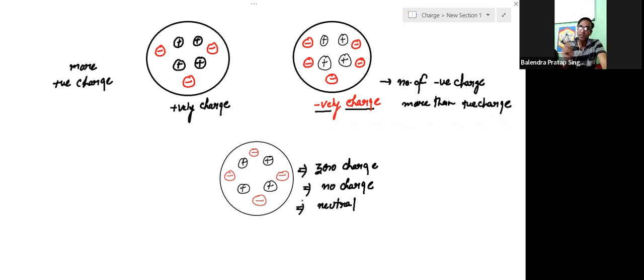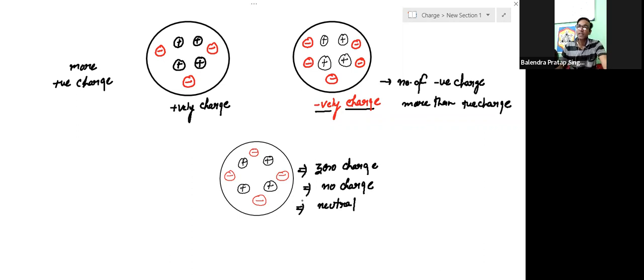So we always talk about the transfer of electrons, because positive charge means protons bound in the nucleus, and electrons exist in the outer shells. So it depends on the matter. If they are not tightly bound to their orbits, then they get transferred.